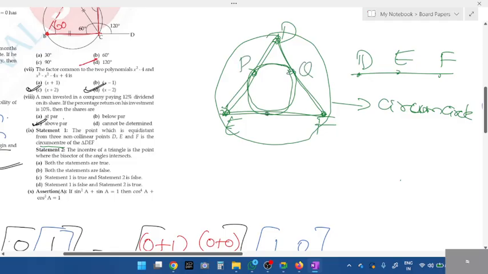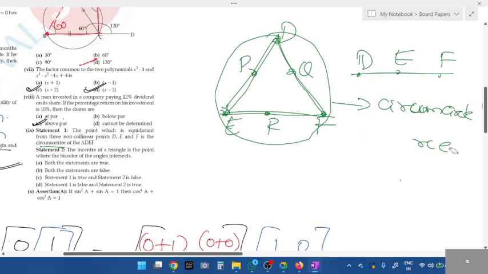Incircle. In meaning is inside, circum meaning is outside. For example, circumference. What do you mean by circumference? Inside or outside boundary, students? Circumference is the outer boundary, perimeter. Then, circumcircle or circumcenter, both are same, outside. Next.